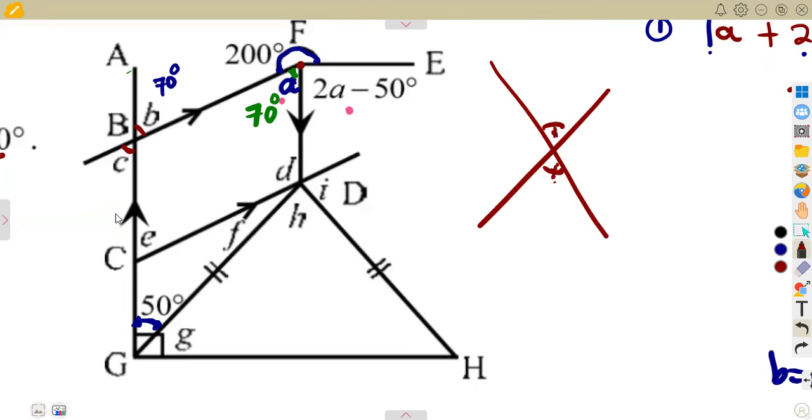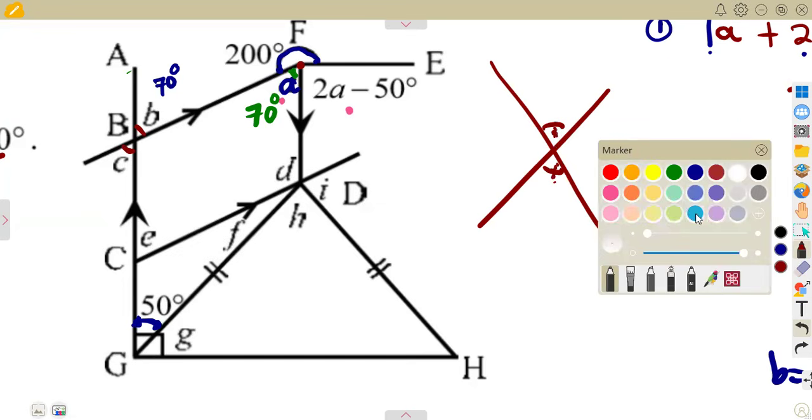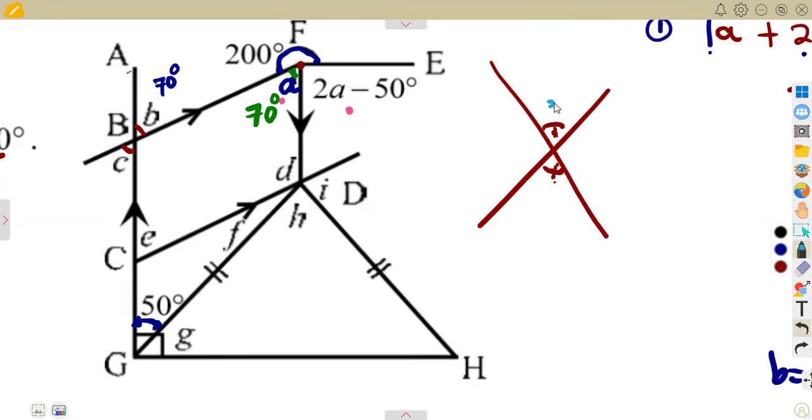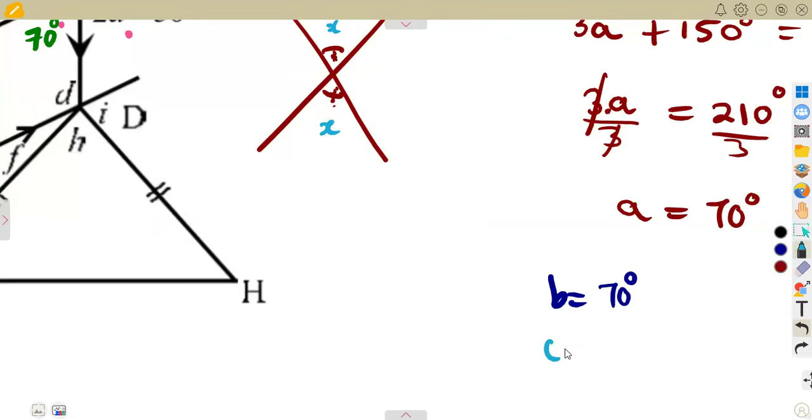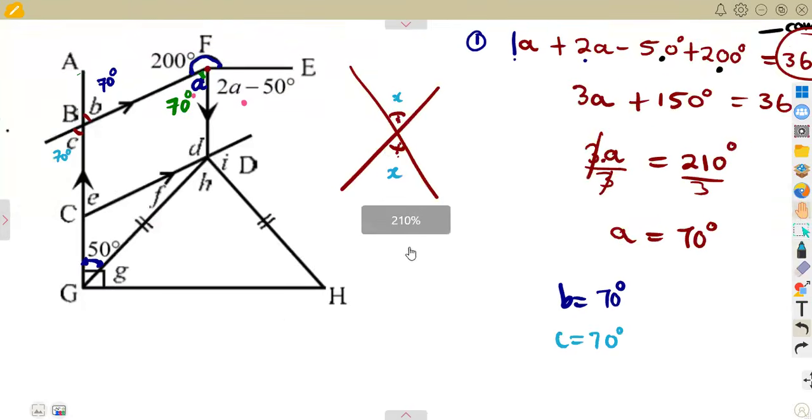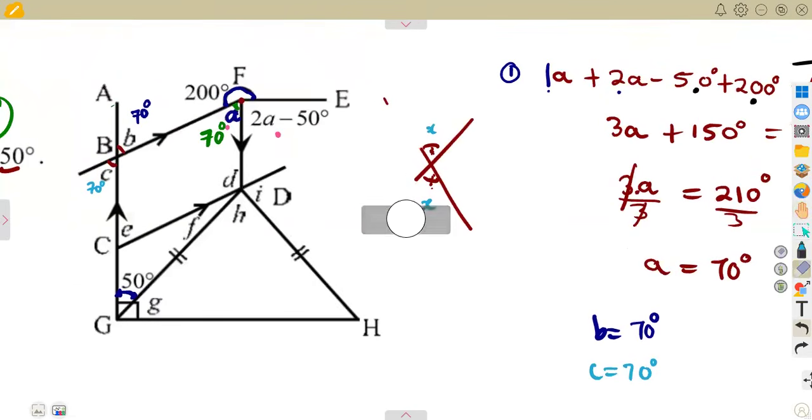Vertically opposite angles are equal. Remember that. So if this is 70, this is also 70 degrees. So C was equal to 70 degrees from vertically opposite angles.